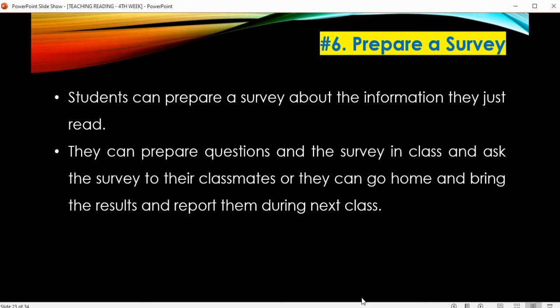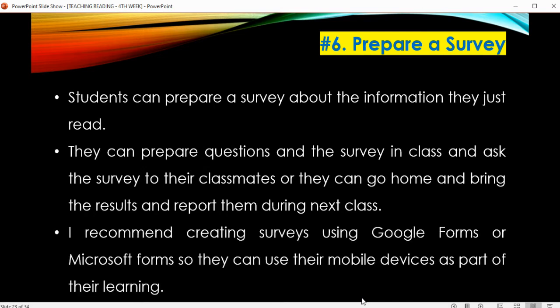Notice here again that students are going to prepare the survey and relate it to the information they just read. And then they are going to ask each other. And finally, they are going to report these results, during or in the next class.